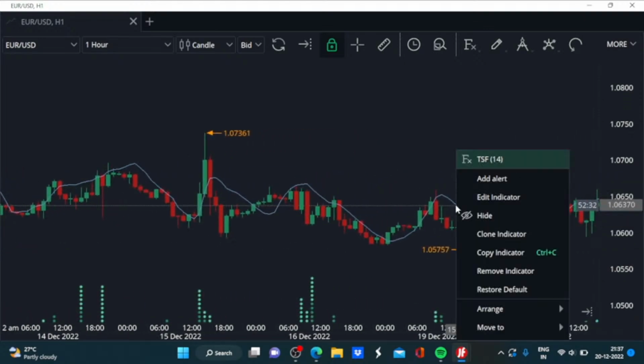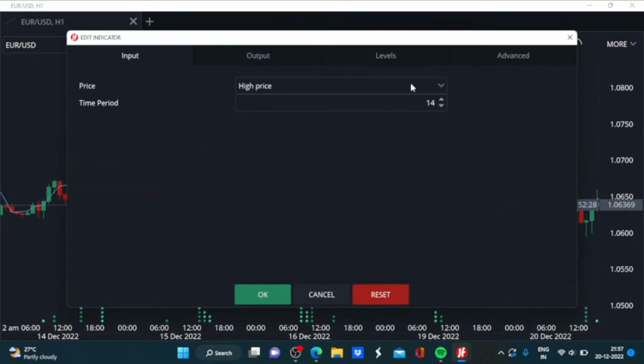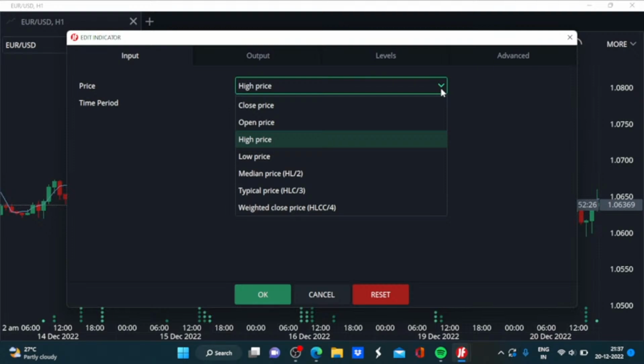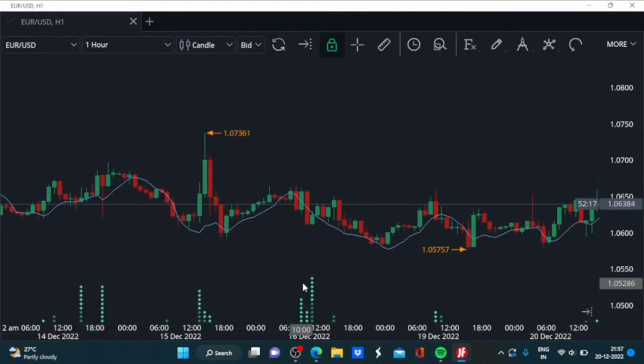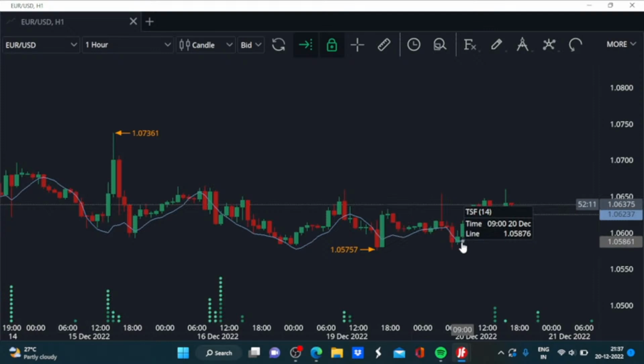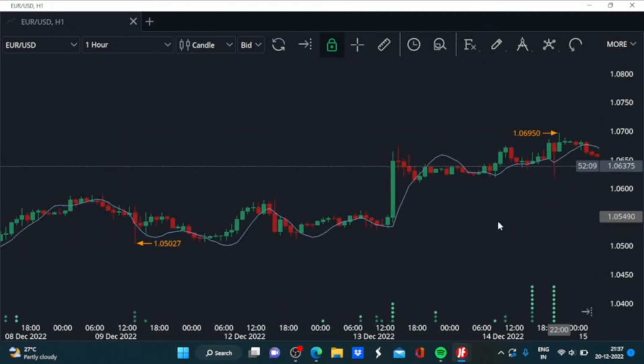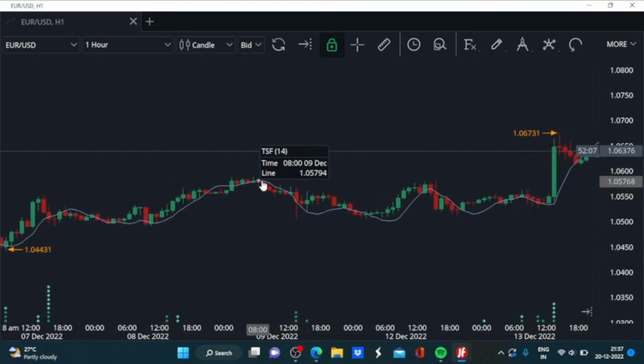Similarly, you will observe that when you use low price as the applied price for this indicator, it will usually remain below this candlestick data, and only when there is significant price pressure on the selling side, it will be on the higher side.